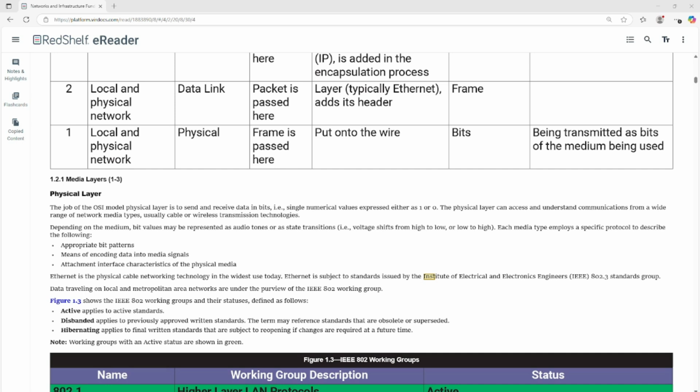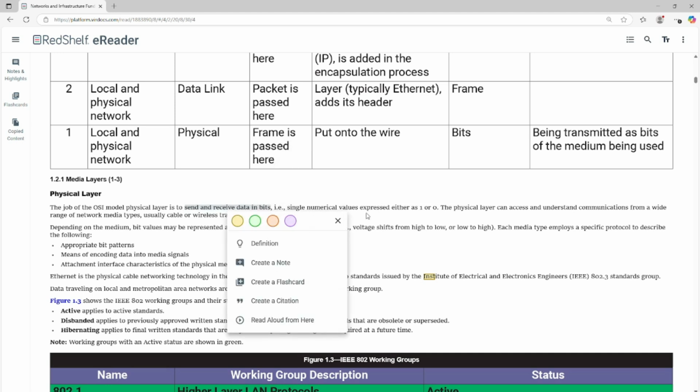Okay, layer 1 is a media layer that's located at the physical network. It's local. Its main job is simple, right? It sends and receives data in bits.